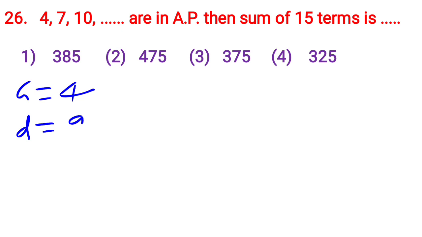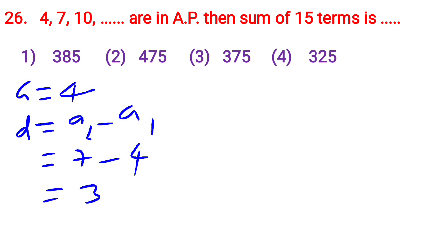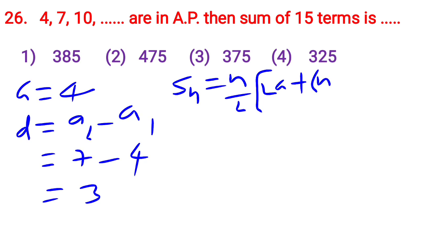It is equal to a2 minus a1, second term 7 and first term 4, 7 minus 4 is 3. So d value 3 and a value 4. So then the sum of 15 terms. So we have a formula Sn means sum of n terms of AP. So n by 2 of 2a plus n minus 1 into d.